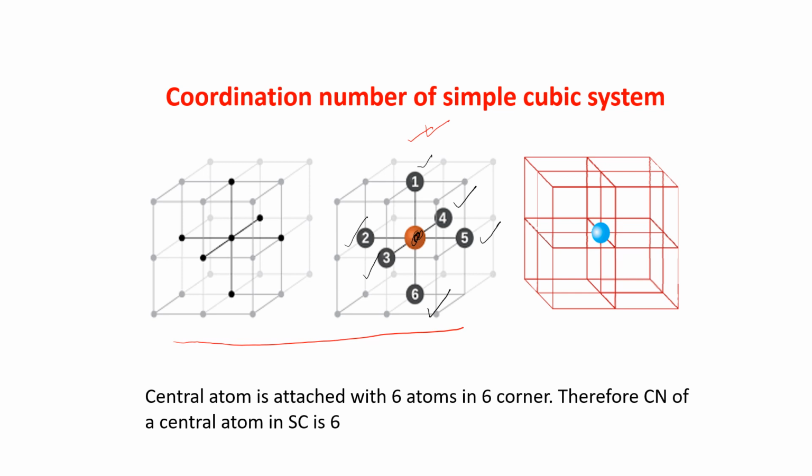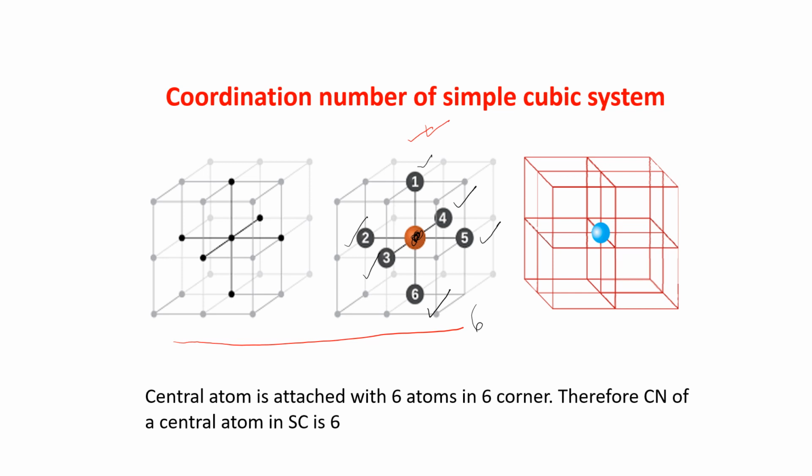So we can say that the coordination number of this central atom is 6 because it is attached with 6 atoms in 6 corners. It's a simple cubic system.